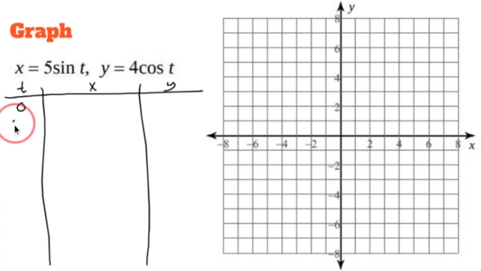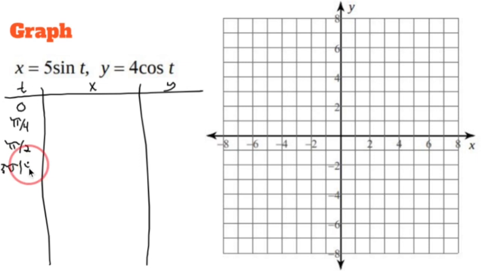We're going to choose a quarter of a pi. We're going to choose 2 quarters of a pi, so that's going to be pi over 2. We're going to choose 3 quarters of a pi, and I'm actually going to go all the way around to 2 pi because I think we should do a complete circle.